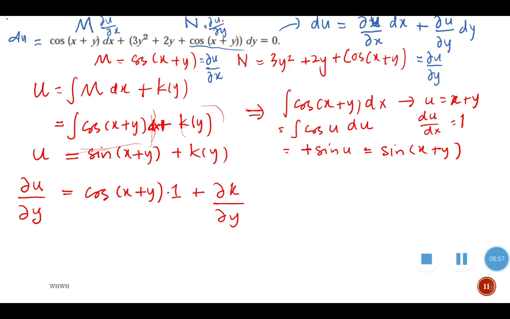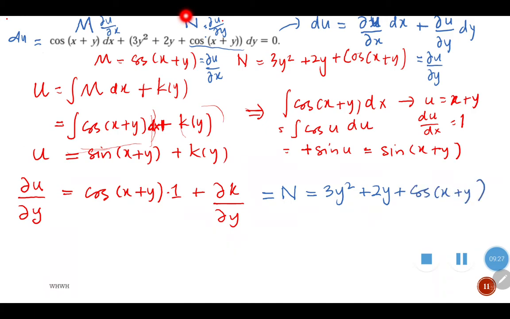So what we have now, all along we got del u over del y equals this, meaning that this is actually equal to our n. See? Our n is equal to 3y square plus 2y plus cos x plus y.